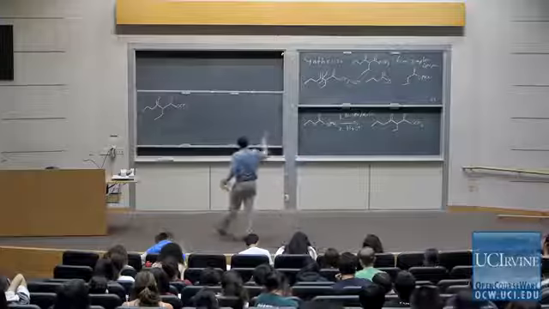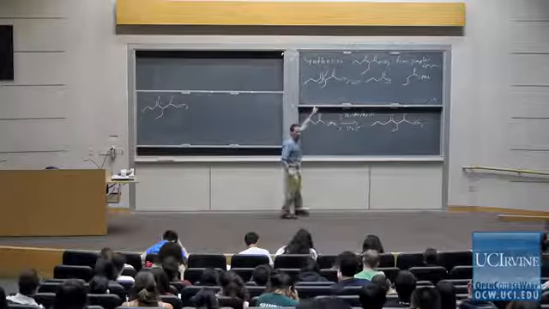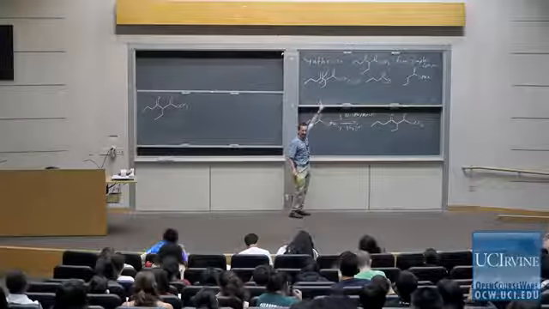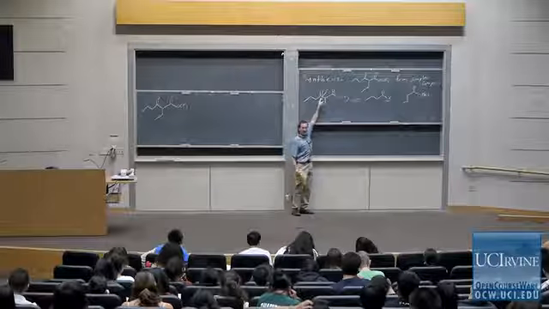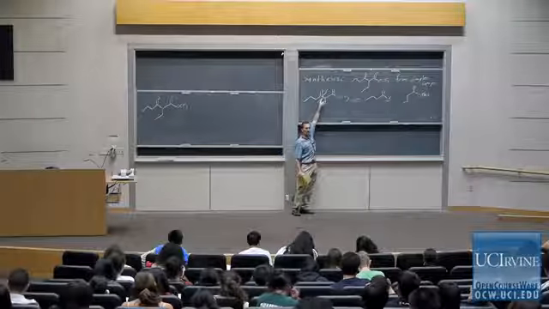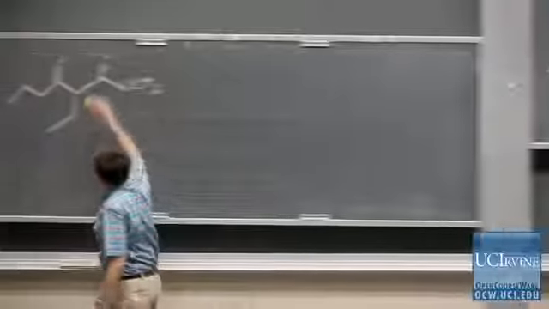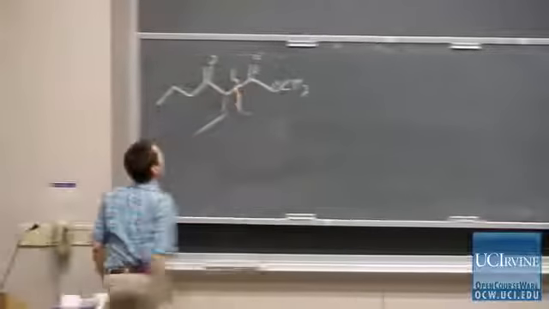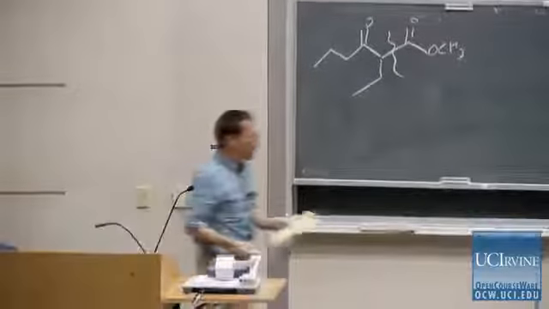And so one person can look at the alpha-beta unsaturated carbonyl compound I've drawn here and say, I'm going to break this bond between the alpha carbon and one of the carbonyls. And another person can look at the same molecule and say, I'm gonna break that other bond.